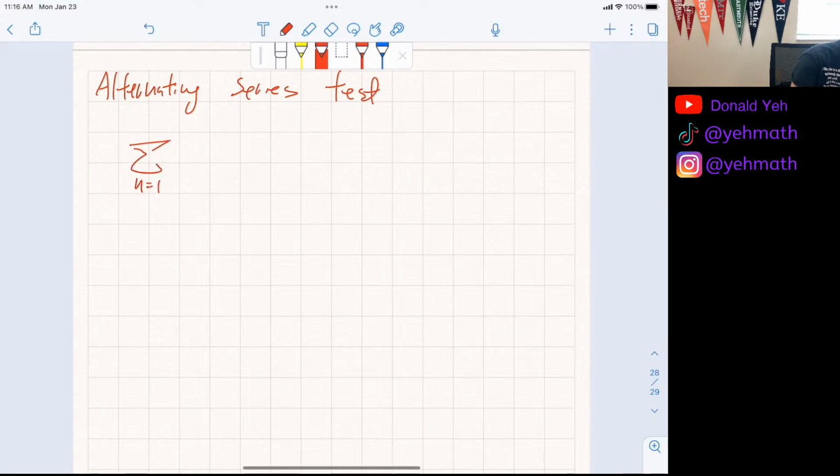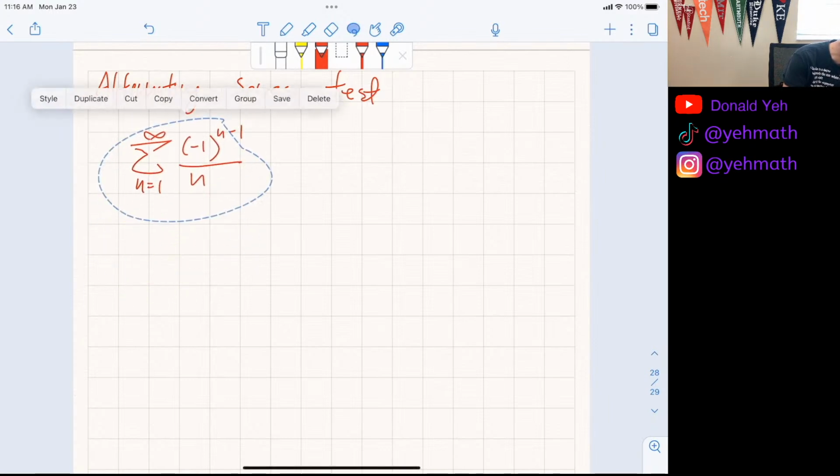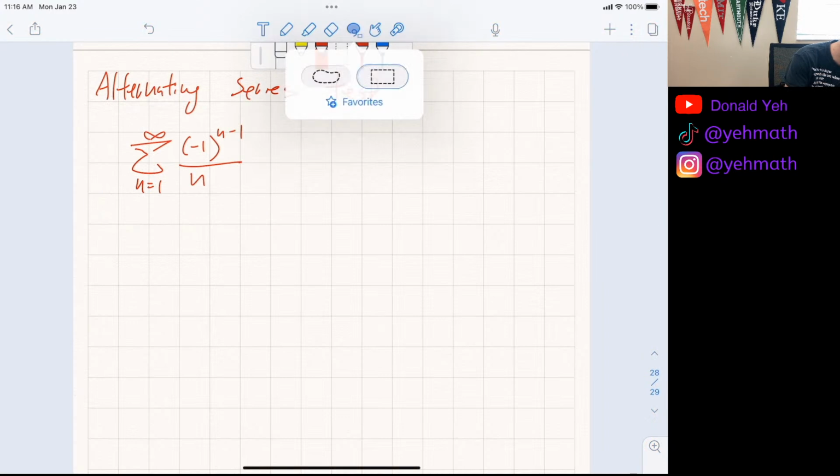Let's say the sum from n equals 1 to infinity of (-1)^(n-1) over n. It's divergent. It's not allowed. Unless, think about it, someone is going to say, well, actually, if you did an LCT, the thing you compared it to would be 1 over n, so it has to be divergent. And I'd be like, come on.